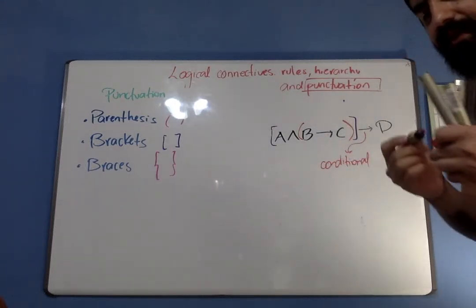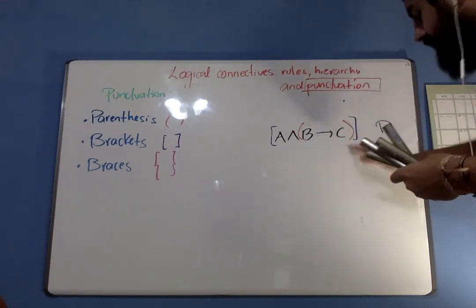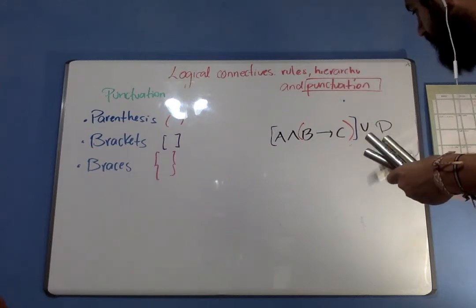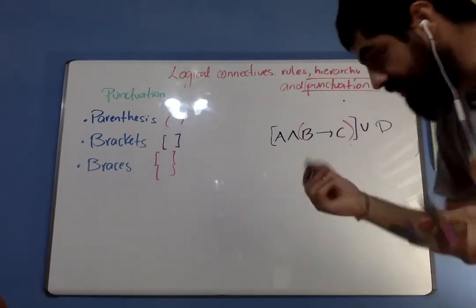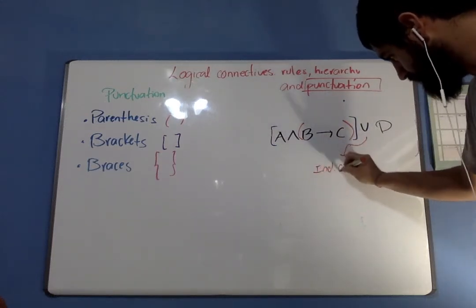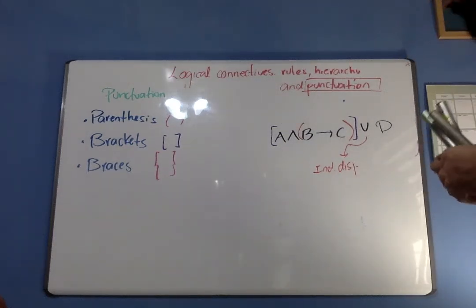But imagine that we didn't use a conditional. Imagine that we said that this is actually an inclusive disjunction. So the new dominant logical connective is the inclusive disjunction.